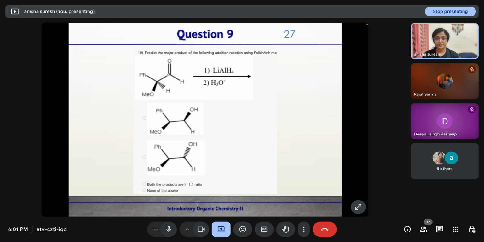So here, because this OMe is present, we will be drawing the Cram chelate model.